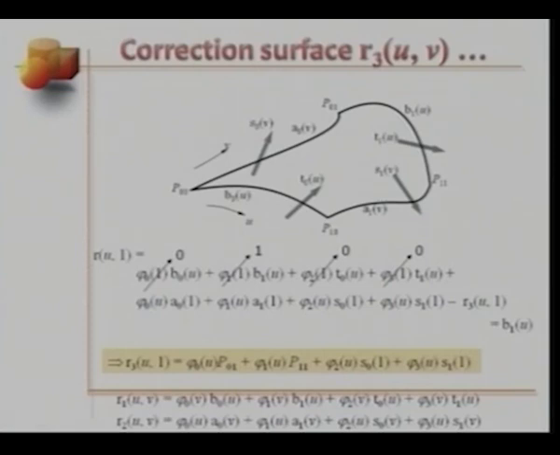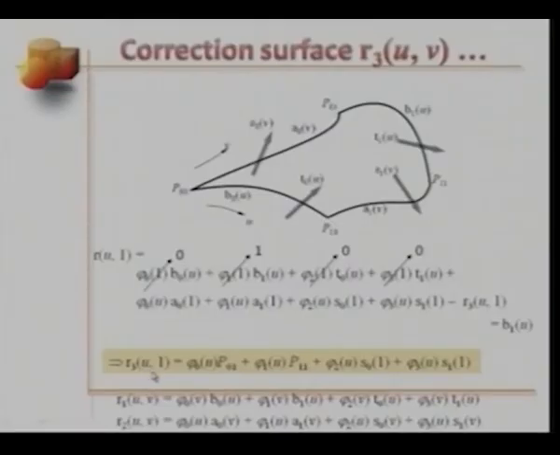Do you have an inkling as to what we are trying to do here? In the previous slide, we computed r3 u0. Here, we compute r3 u1.